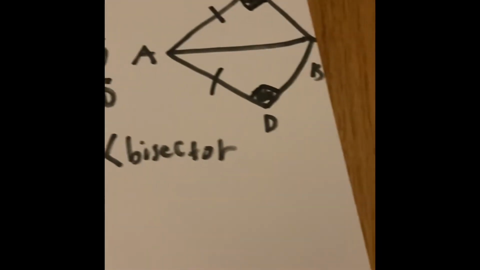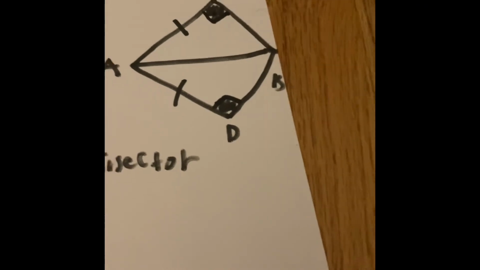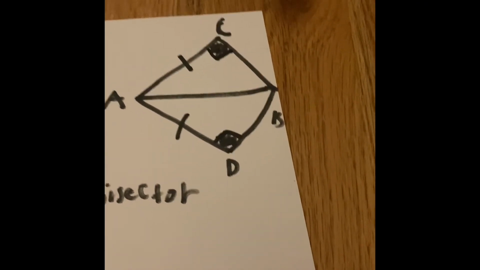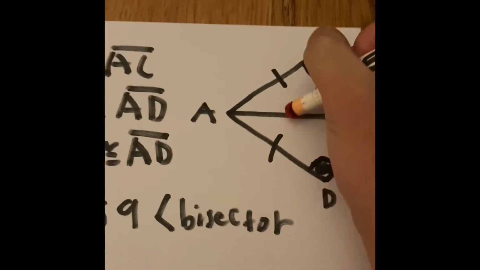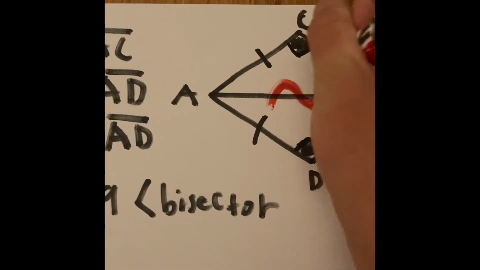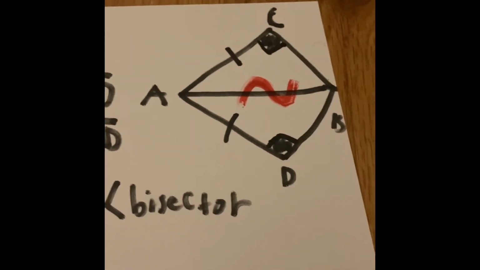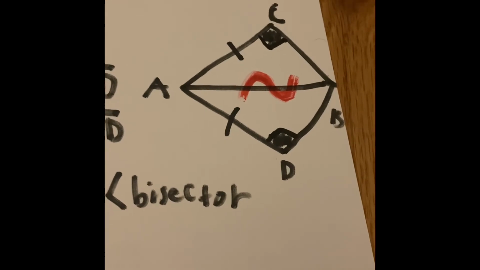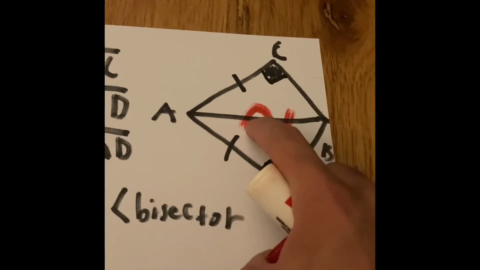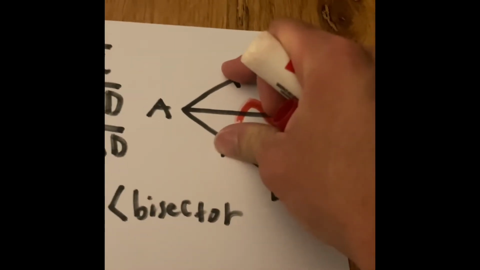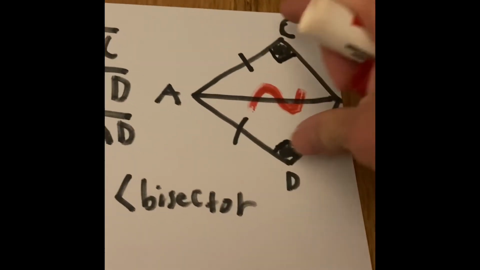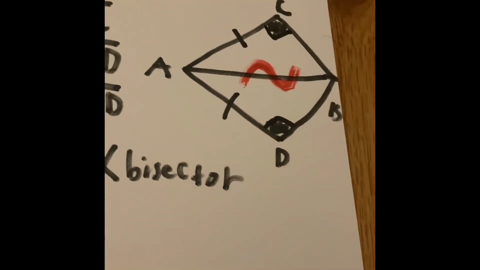So right here, I'm going to change it to a different color. Yep, here we go. And I'm going to say red because that's reflexive. Now what we have is a reflexive segment, two congruent angles, and two congruent segments.